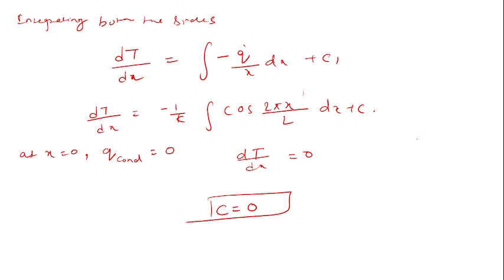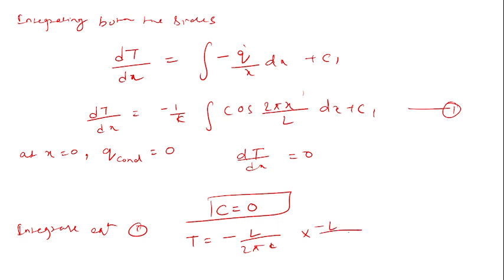Now we will again integrate this equation. Suppose this is equation 1. We will again integrate equation 1. So it will be now T is equal to minus 1 by k into L by 2 pi into minus L by 2 pi cos 2 pi x by L plus C2, because C1 is 0.